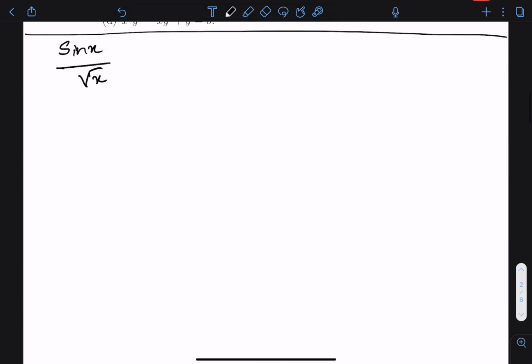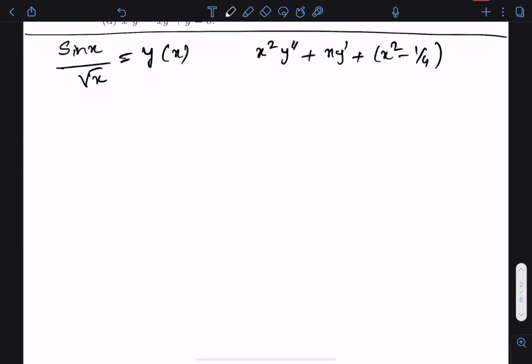Call this y of x. We need to show that this y satisfies x squared y double prime plus x y prime plus (x squared minus 1/4) y equal to 0 in some interval of the positive real line. It's quick to verify.